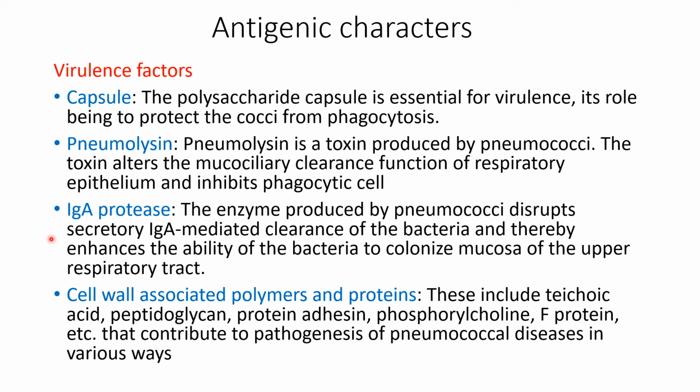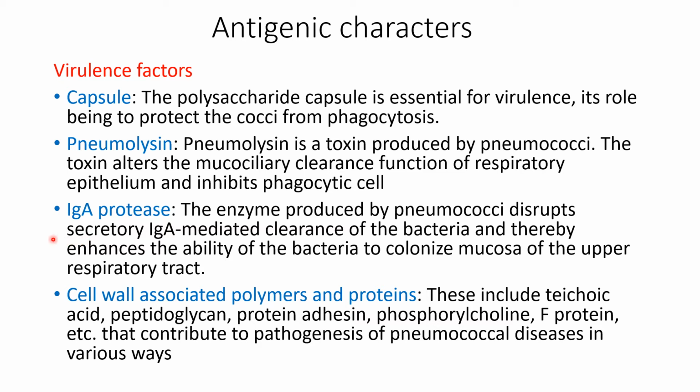The third important virulence factor is an enzyme called IgA protease. One very important type of antibody in the human body is IgA, and this IgA is usually seen in the mucus linings. Wherever you have mucus or epithelial linings, you will find this IgA, and in the mucus linings it is specifically called secretory IgA.